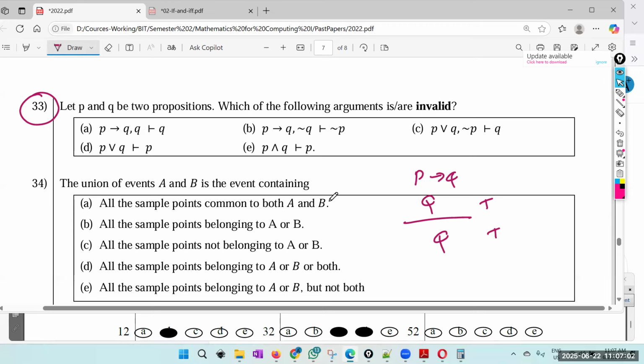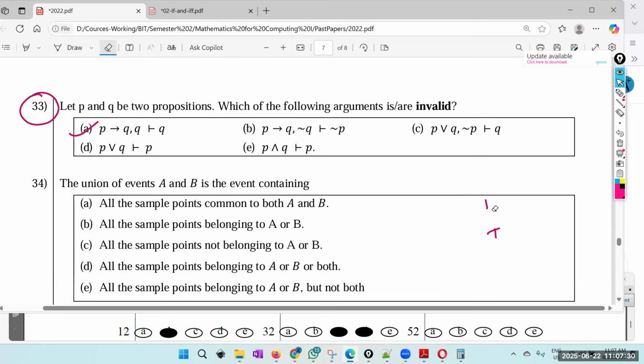So argument is valid means whenever all are true, this is true. But this is true means that is good enough to say this is true. So therefore, this is definitely valid. Valid means we can't challenge this because Q has happened. Actually, this is not relevant, but anyway, we can't challenge this now.